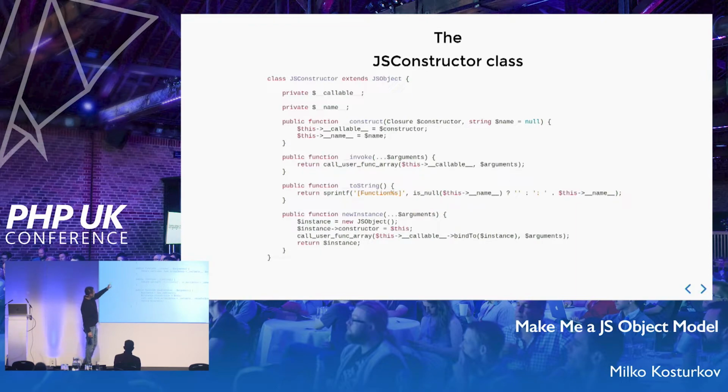Now note that the Js Constructor class extends the JS Object class. Why is that? In JavaScript, everything is an object. So if you have a function, it's an object. This is why, to act more like JavaScript, we want our constructor functions to act as objects as well, and that's why we extend the JS object.